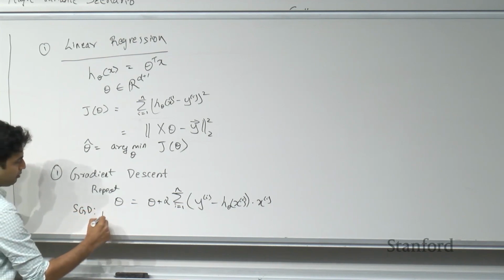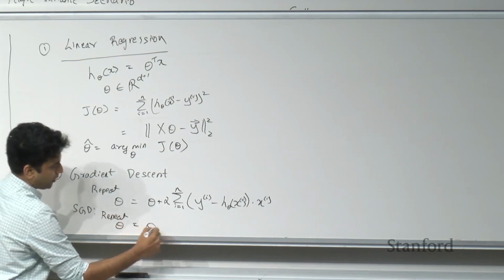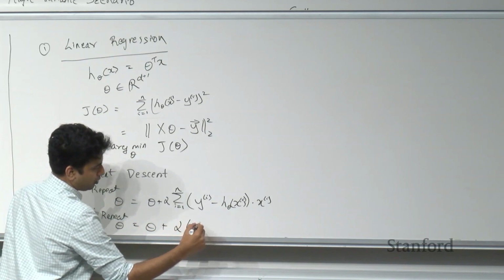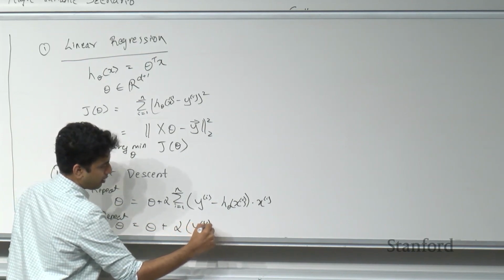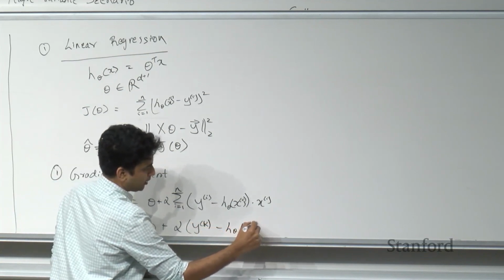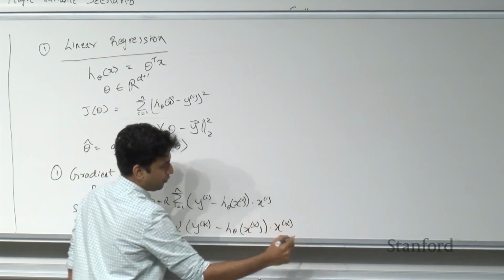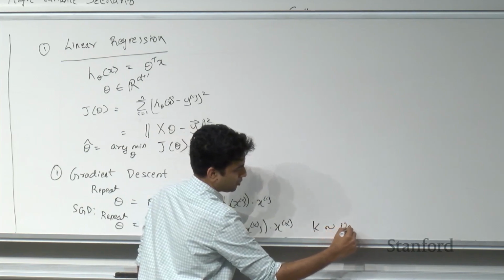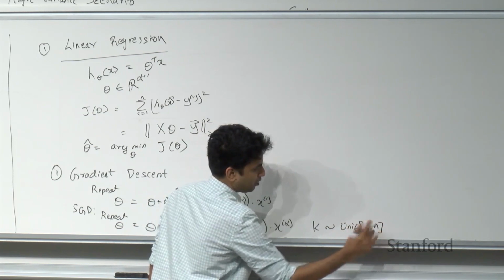SGD, where we repeat theta equals theta plus alpha times, let's call it yk minus h theta of xk times xk, where k was sampled from the uniform distribution between 1 and n.